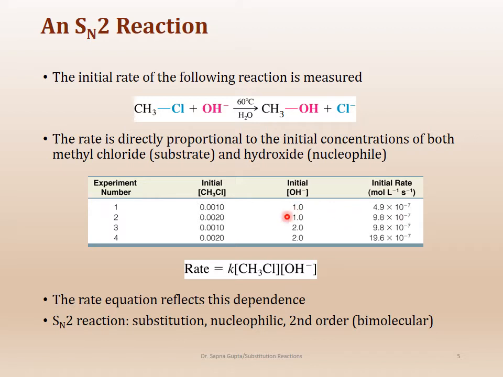All right, so which means that the rate of reaction is affected by both of these things, which means it's affected by the substrate as well as the nucleophile. So then when we write our rate equation, it is K and then concentration of the substrate and the concentration of hydroxide. The superscripts over here, which are the rate order, is going to be 1 and 1, okay, and it's 1 and 1 because it is increasing by 1, all right, it is getting doubled.